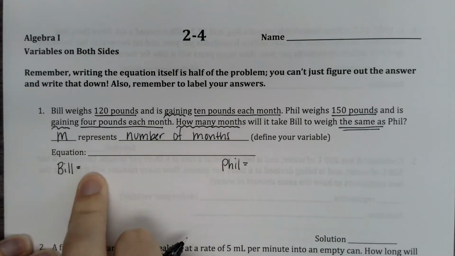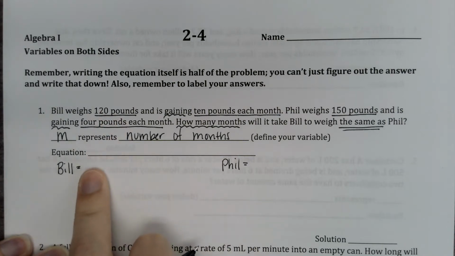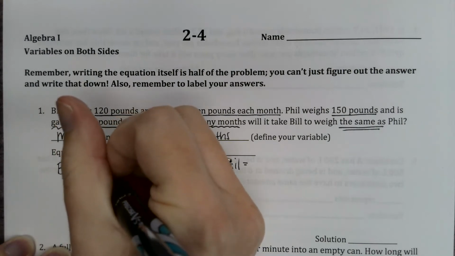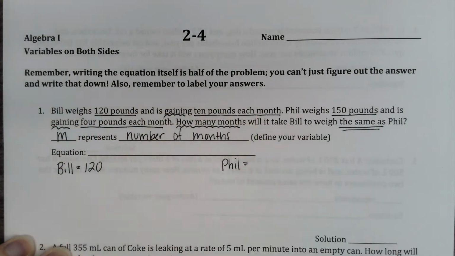So Bill's weight, well, he started at 120 pounds. That's his starting weight. So whenever you see your starting, that's going to be your constant in your equation. So I'm going to have 120 pounds, and he's gaining. So gaining, we are adding 10 pounds each month. So what does that mean? Okay, after 2 months, he should gain 20 pounds, right?